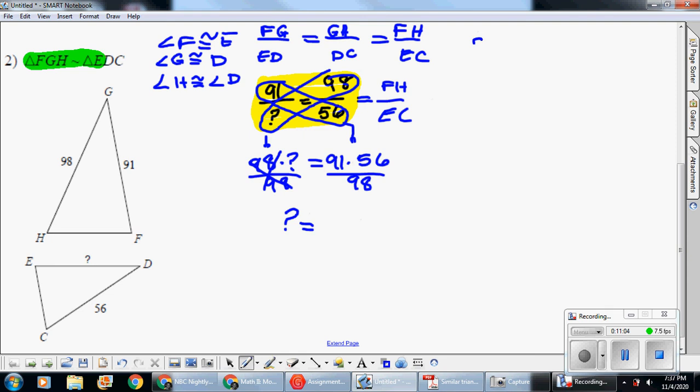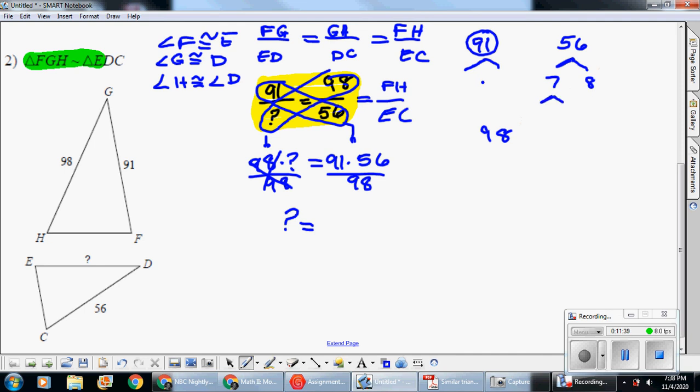Now factor the numbers. I'm going to factor the 91, the 56, and the 98. Okay, factors of 91, can I use 1 or 91? Cannot be done, so that number is prime. Factors of 56, can I use 1 or 56? That is 7 multiplied by 8.